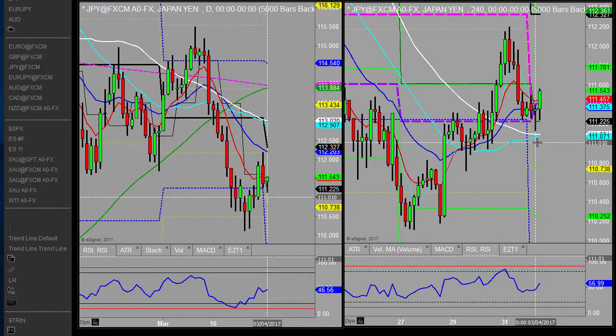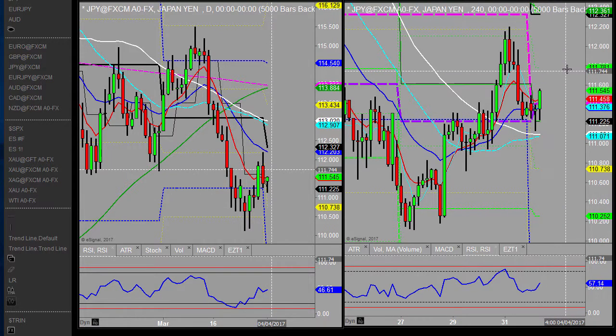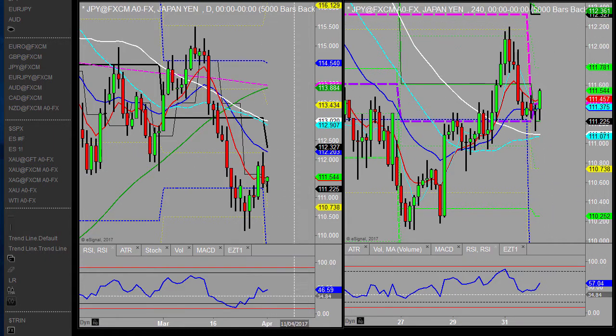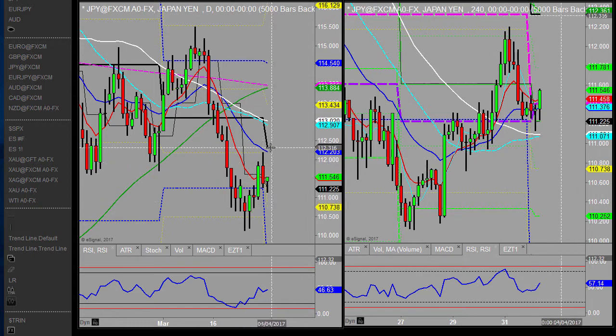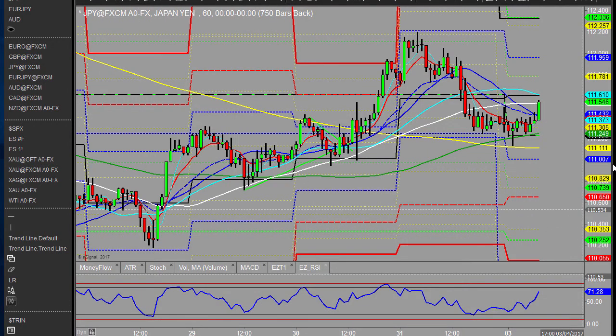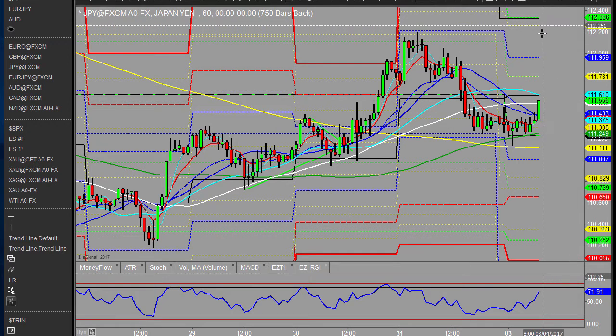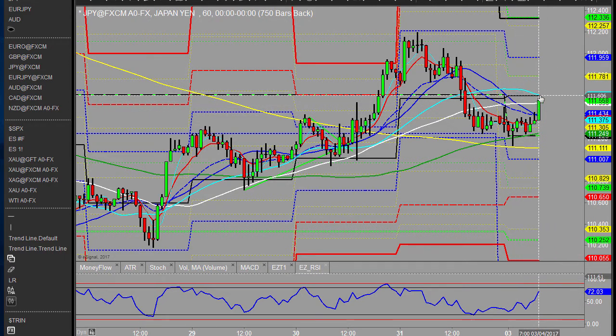There is support in the form of the 4-hourly 50, 34 sitting below if it gets back to that sort of area. But at the moment, it looks like it might continue what was possibly the beginning of an upward trend here. So if you're targeting the weekly pivot, a break above the daily pivot and the 34 moving average may just open the potential to that monthly pivot.